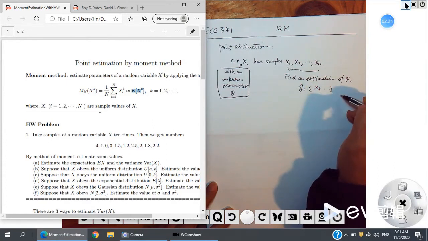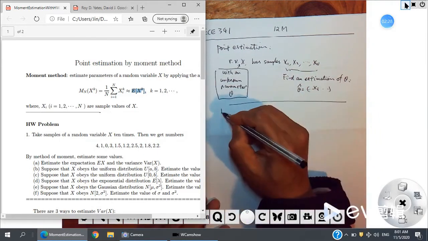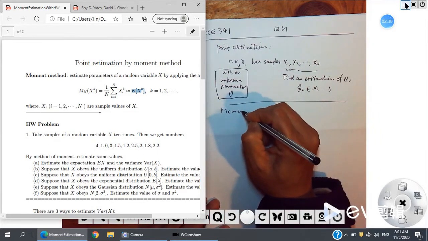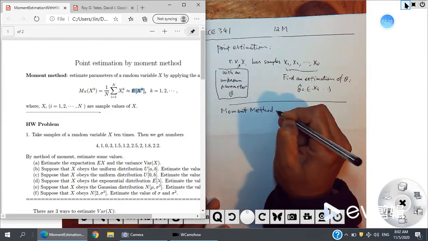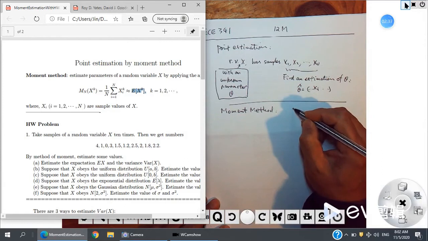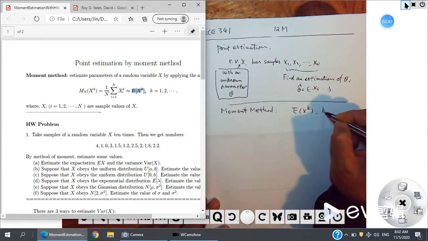And then we have the moment method. We have E of x to the k, which is the k-th moment.